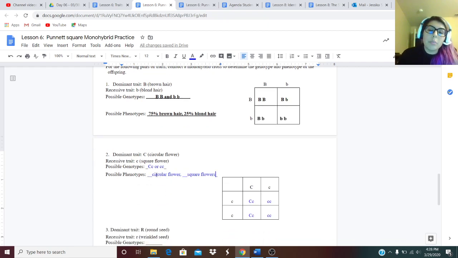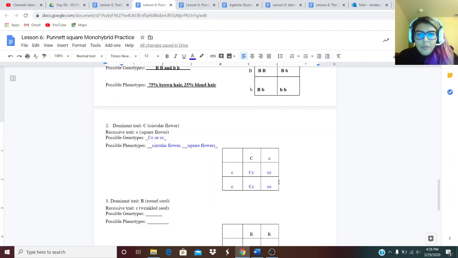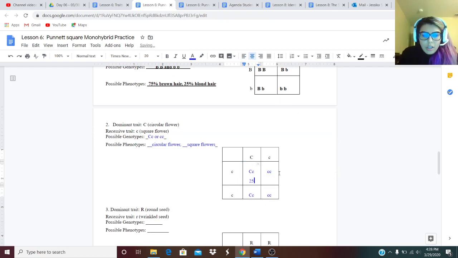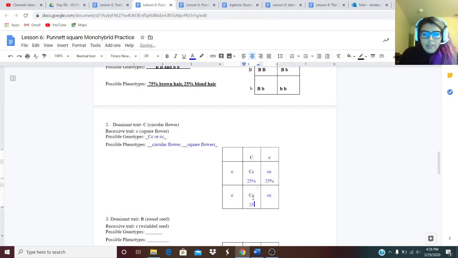We have to do the percentage, the probability, the chance of the offspring being circular flowers and square flowers. Now, think of each of these boxes as representing 25%. Okay, so this box is 25%, this box is 25%, and this box is 25%.